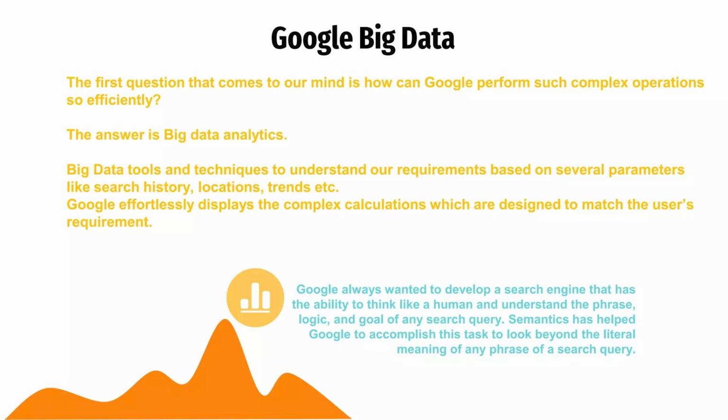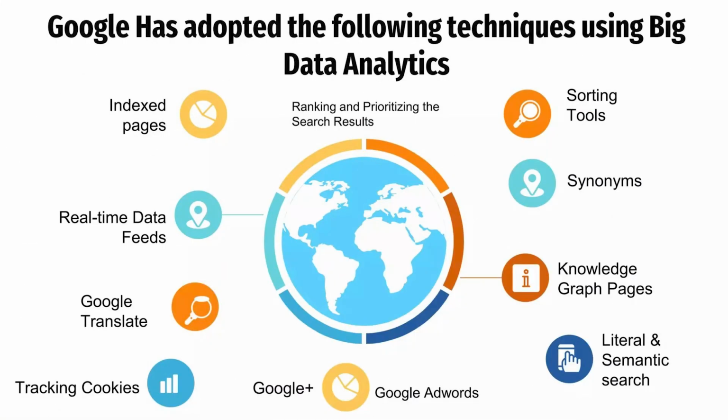Semantics has helped Google accomplish this task, to look beyond the literal meaning of any phrase or search query. Google has adopted the following techniques using big data analytics: indexed pages, real-time data feeds, Google Translate, tracking cookies, sorting tools, synonyms, knowledge graph pages, literal and semantic search.